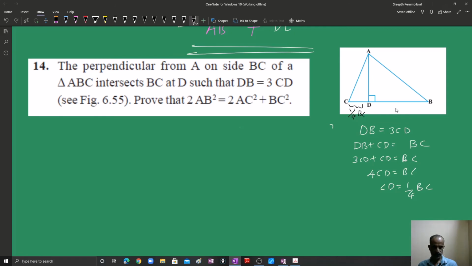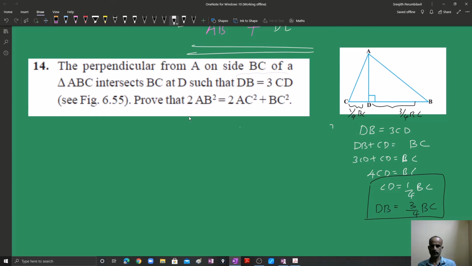If that is 1/4 of the total, then the remaining is 3/4 BC. We can write therefore DB is equal to 3/4 BC. Keep it there, this may be required. I suggested it because often when we come across such an expression, we need it. Prove that 2AB square is equal to 2AC square plus 2BC square.